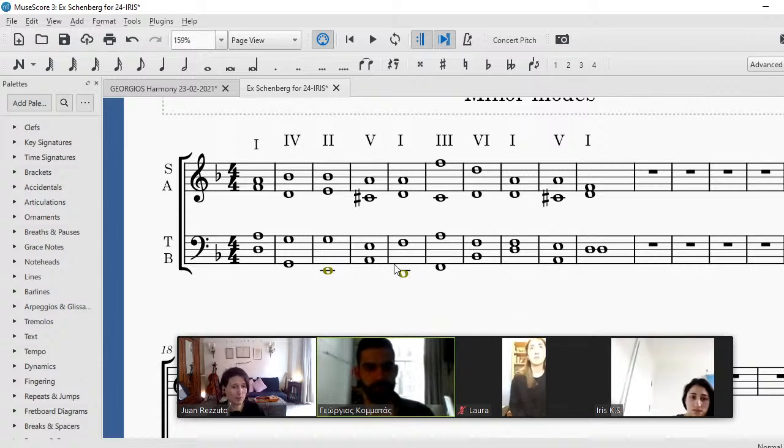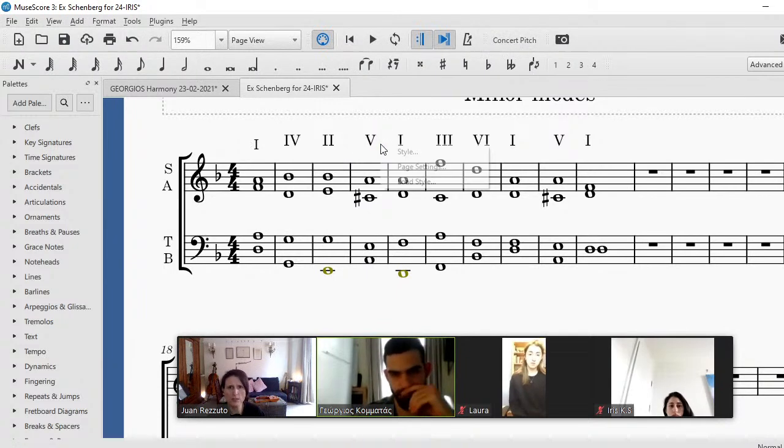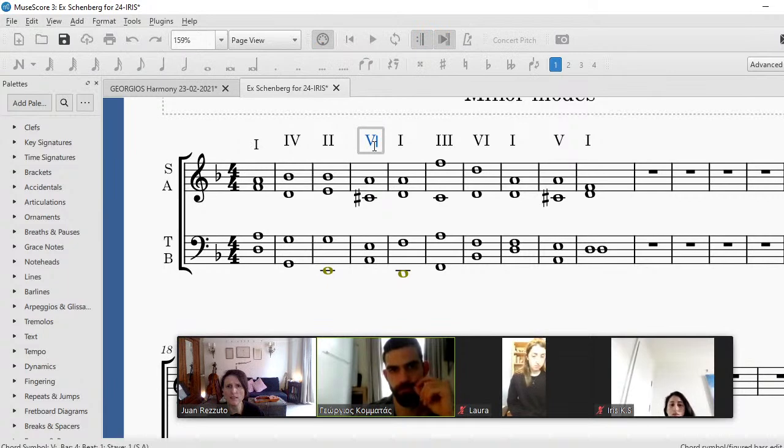Now, I always say the same thing. When I correct the exercises, everyone corrects exercises. Laura, Georgios, everyone. Even Iris, if you have something. Now, I'm spotting something with my little eye. This is okay. The diminished fifth is prepared from the fourth, then it's resolved. You use the fifth. Remember to put, I don't know how you put this. How do you do the accidental?